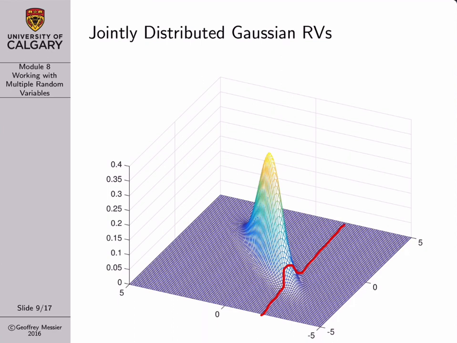When one random variable has a positive value, the distribution for the other one is concentrated in the positive range as well. So we start to see the distribution squishing itself along that x equals y axis, which is a phenomenon that we saw in the distributions in the previous modules as well.